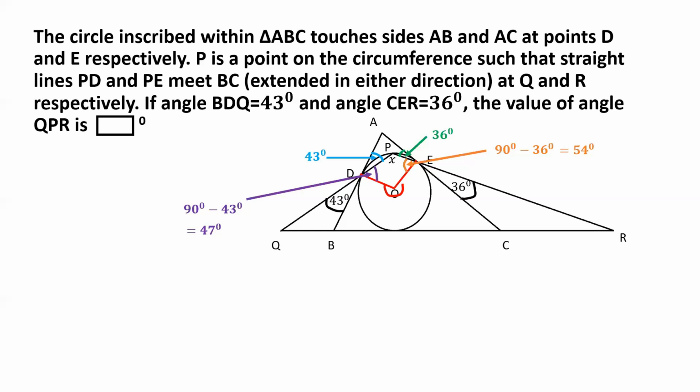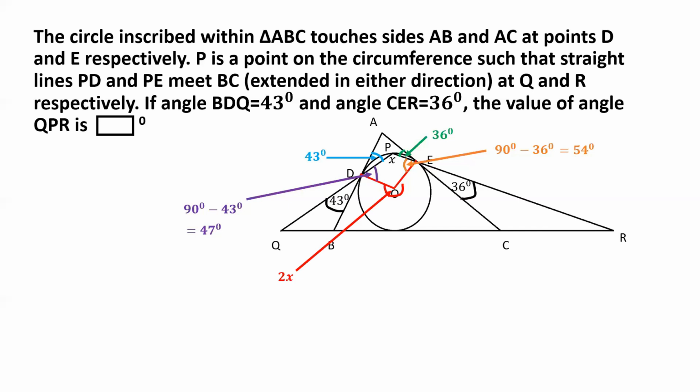And we also know that the angle subtended by the arc of a circle at the center is 2 times the angle subtended by the same arc at the circumference. And in this case, the bigger arc DE subtends an angle x at the circumference. So that makes this reflex angle that we have indicated in red equal to 2 times x.